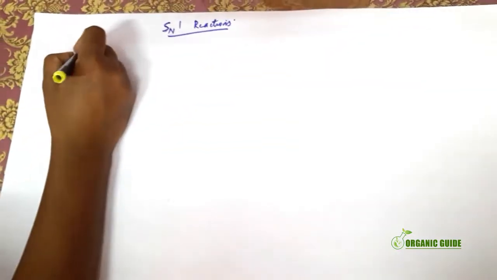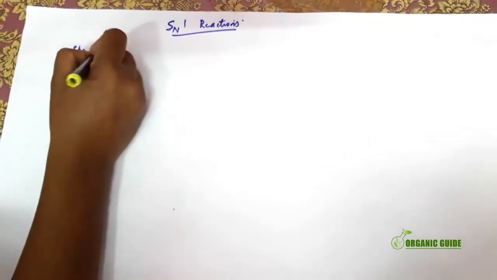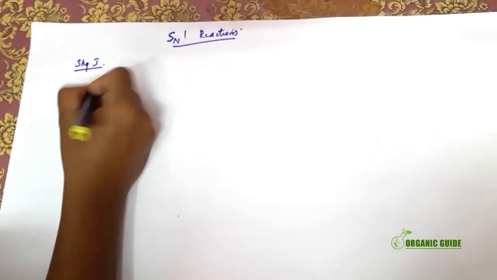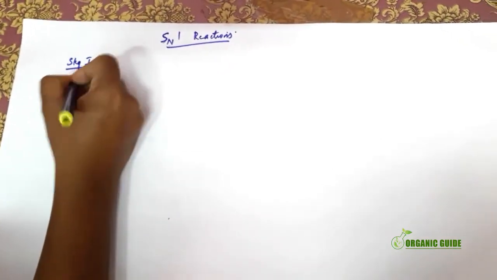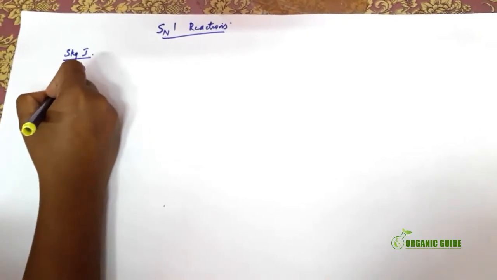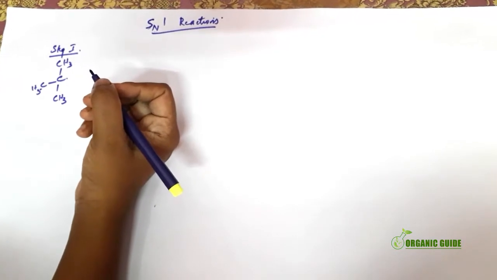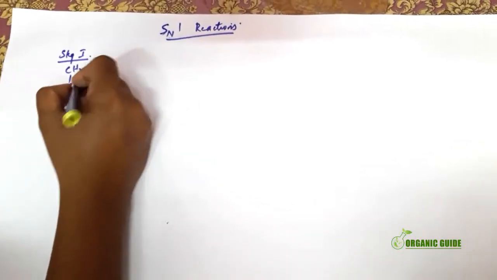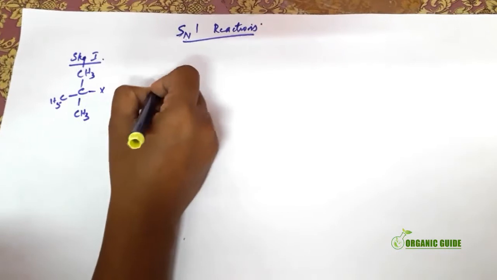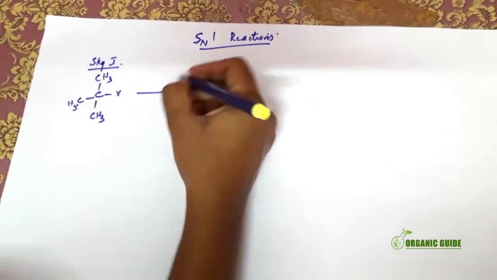Step 1 is, this alkyl halide will form a carbocation.